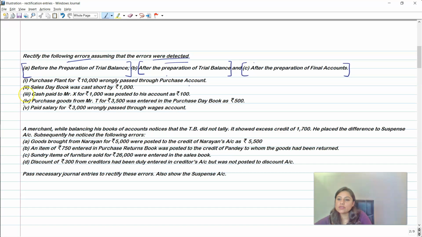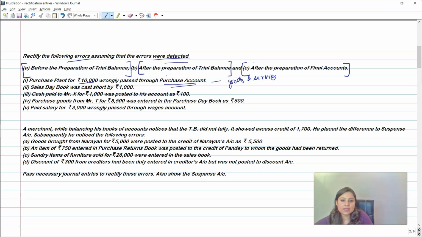So the first error that was detected was the purchase of a plant. Purchase of a plant for rupees 10,000 has been wrongly passed through the purchase account. This purchase account would be related to the goods and services in which the business is dealing.